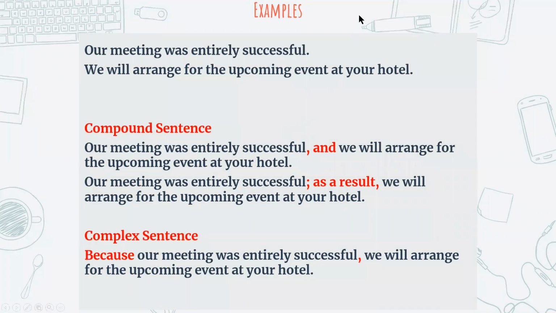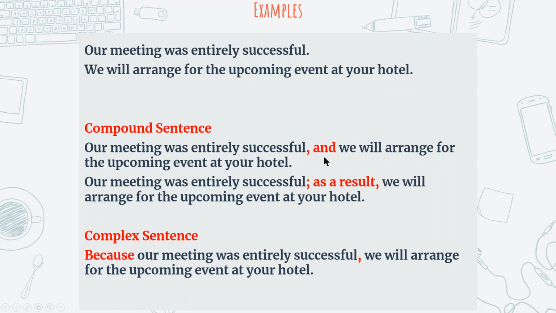We need to see some examples for compound sentences and complex sentences. We have here two sentences. Our meeting was entirely successful. We will arrange for the upcoming event at your hotel. These are two simple sentences, and I need to connect them using a coordinator and a conjunctive adverb.